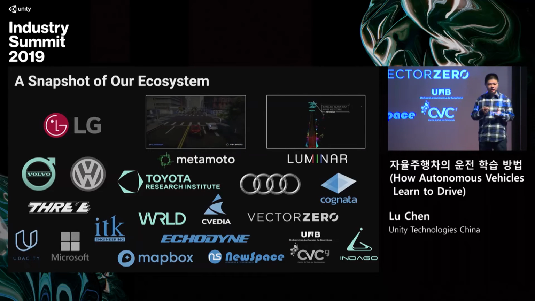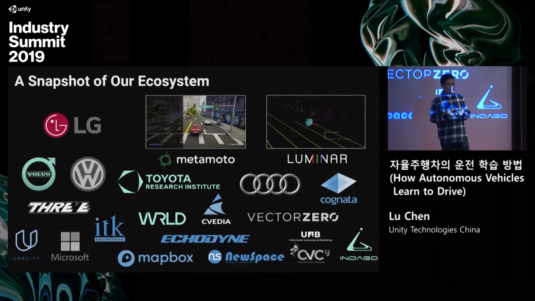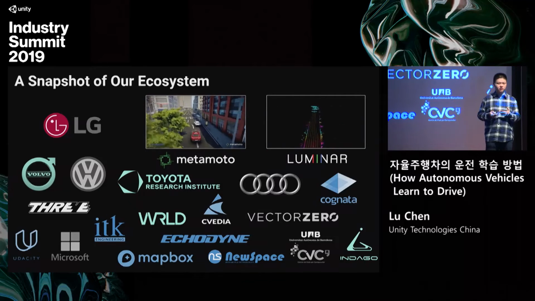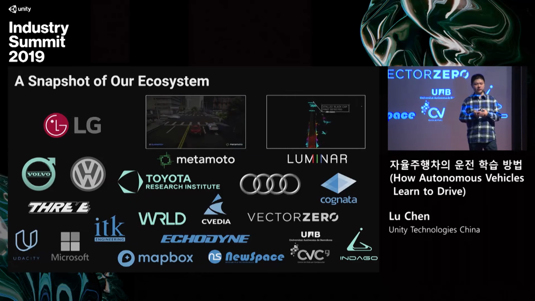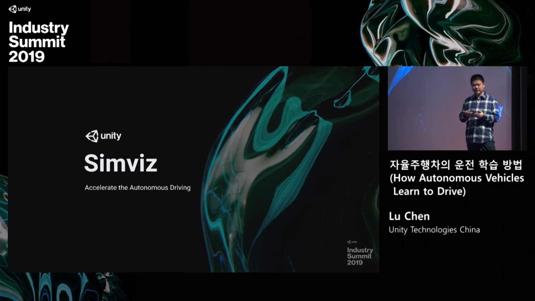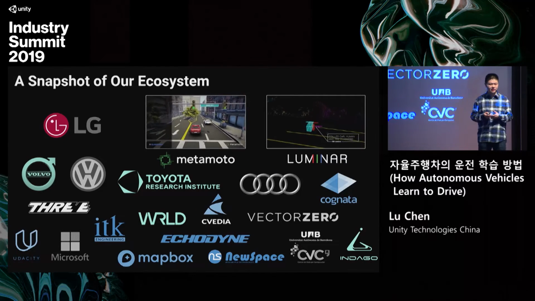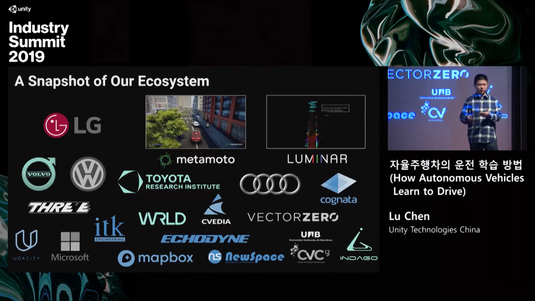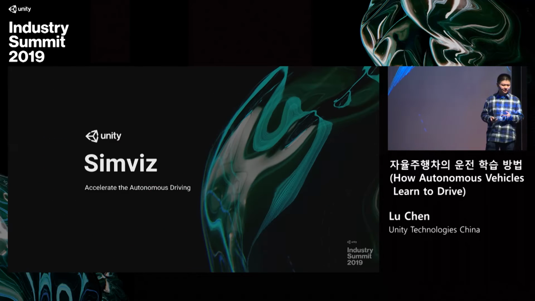But I want to say, as Unity, our purpose may not be to build the simulator ourselves. Our purpose is always to support our customers in many aspects, to help you build your production simulator on demand, to supply the technologies, and even to do some cool development together to help you build your product.